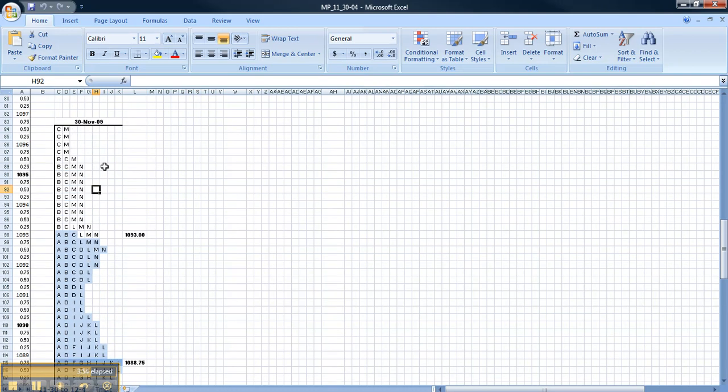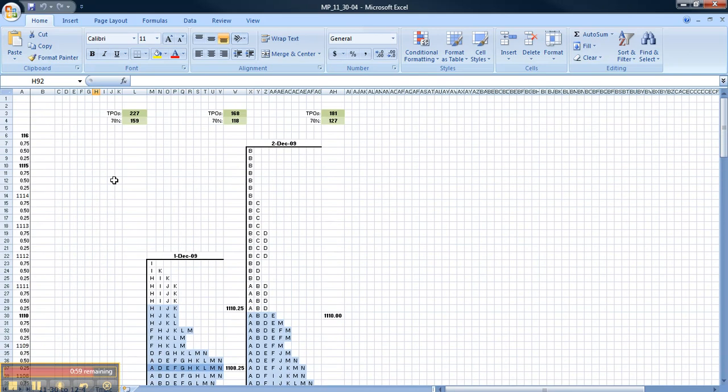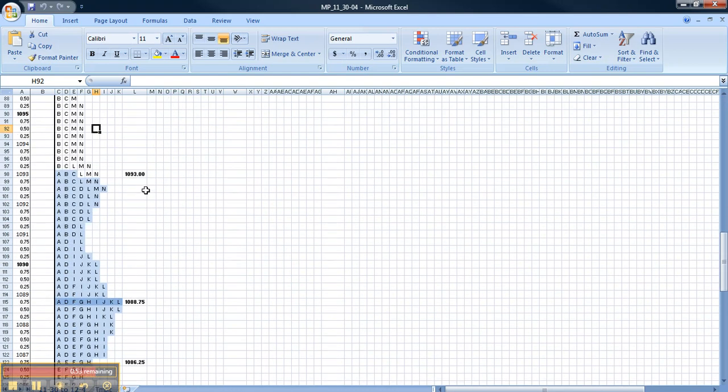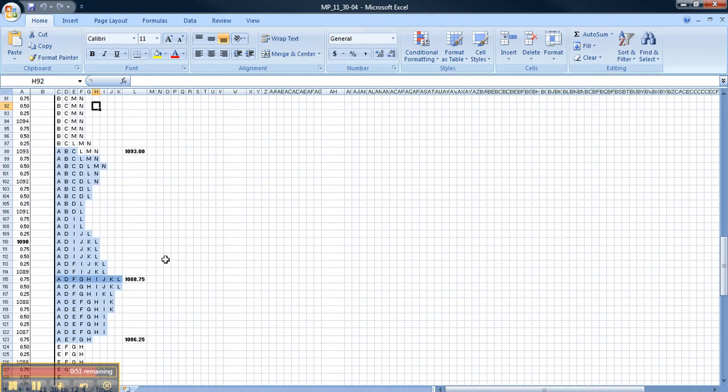So 70% of the total time price opportunities here. For Monday we had a total of 227. So 159 is 70% of that. We'd simply take, in groups of 2, count up 2 above and then 2 below, and we continue doing that in groups of 2 until we come to 159.